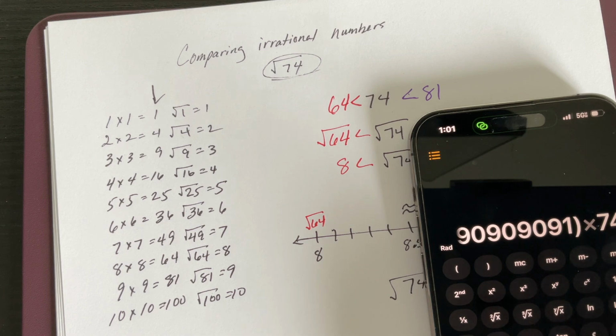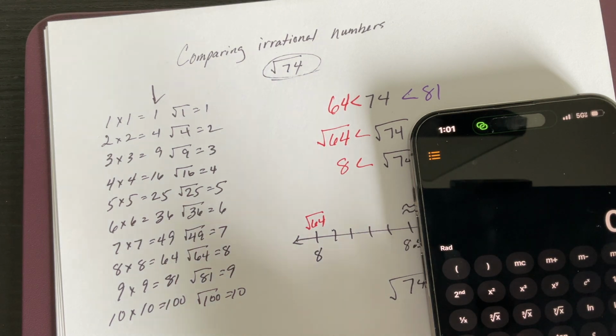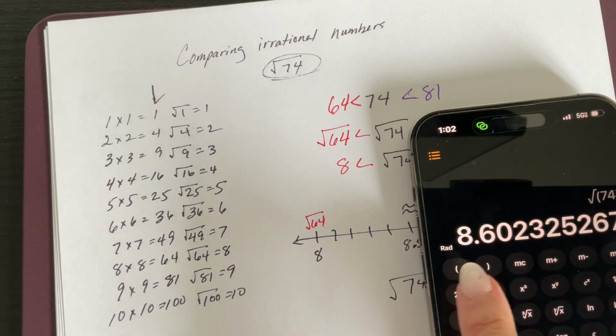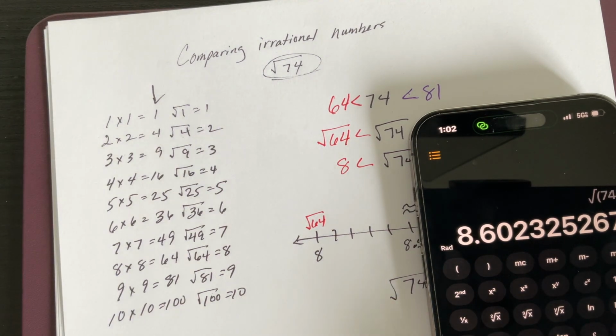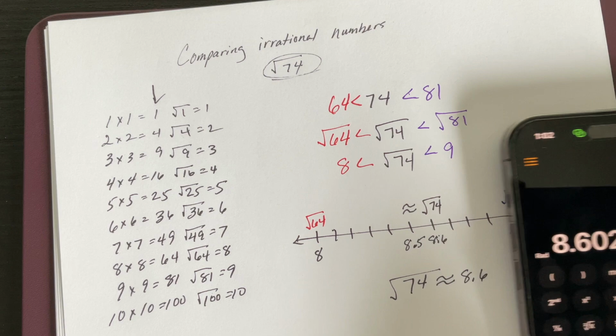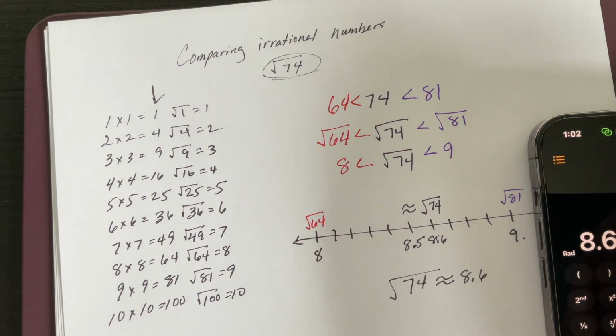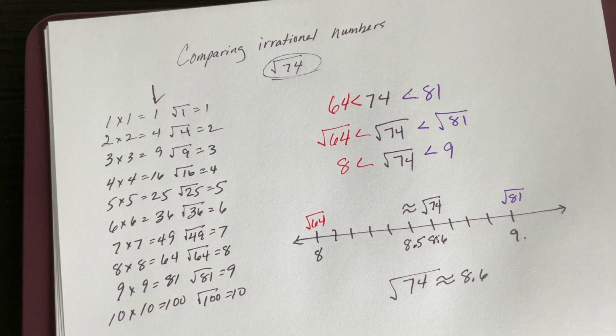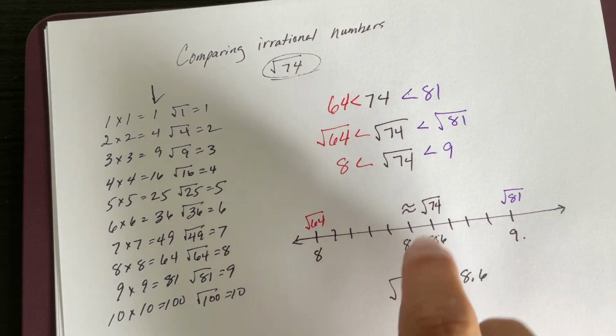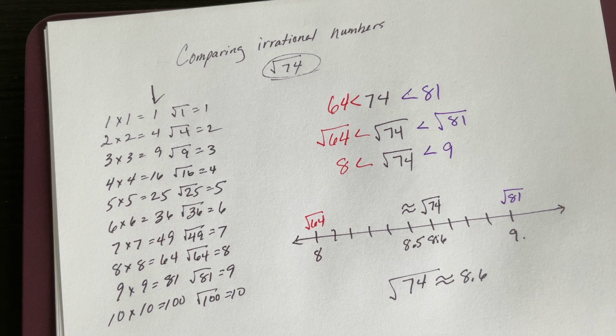Oh, how about if I clear it out? And we do the square root of 74 equals, sure enough, it's 8.60. So we know that we got close. We did a good approximation. I used my calculator to check, but I used my reasoning to get my approximation.